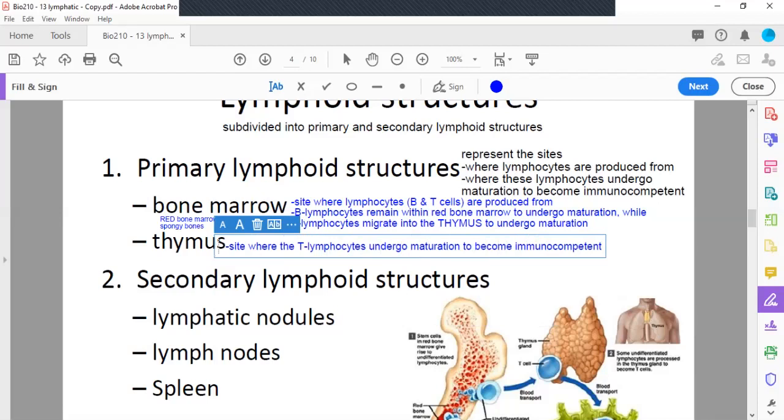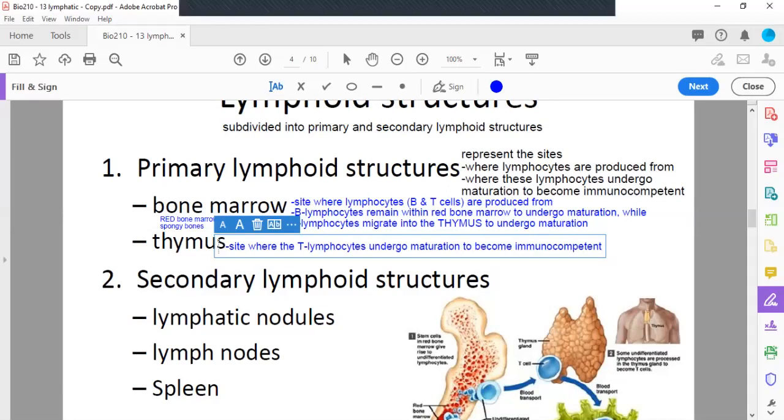So this is what we wanted to understand. The primary lymphoid structures represent the sites where the lymphocytes are produced from. And when I say lymphocytes, that means the B and the T lymphocytes are produced within the bone marrow. The primary lymphoid structures also represent the sites where the lymphocytes undergo maturation to become immunocompetent.